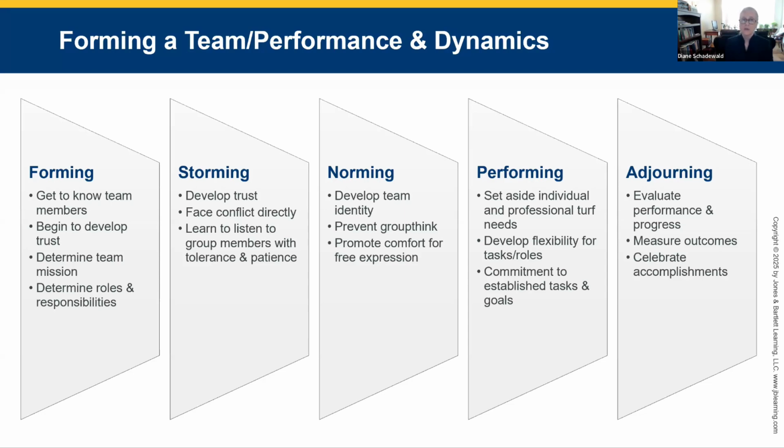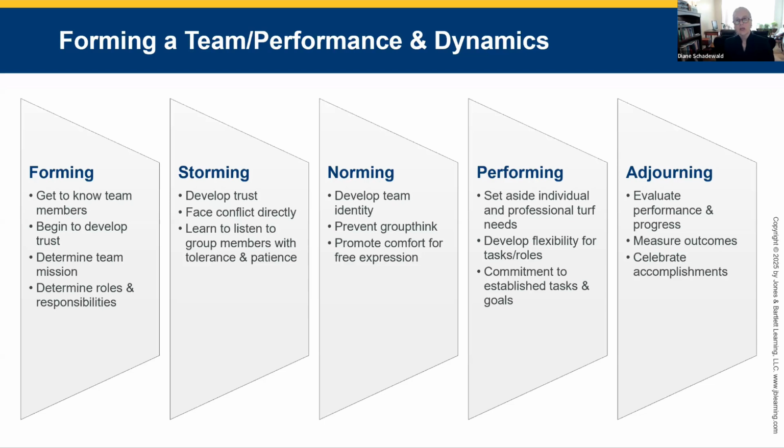Then the next stage for group development tends to be the norming phase. And in this phase, there's really a team identity. We're the cardiovascular team, or, we're the whatever your team is working on.